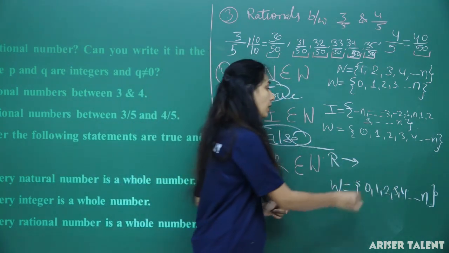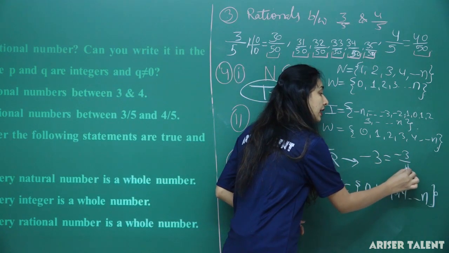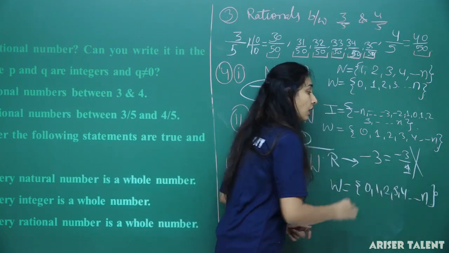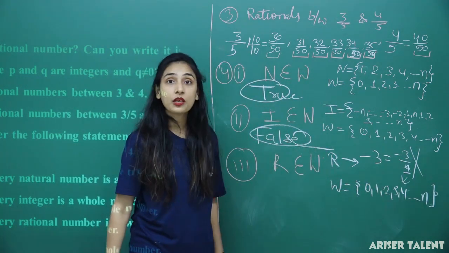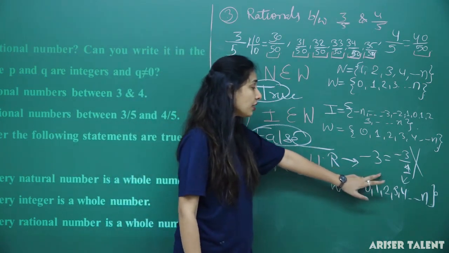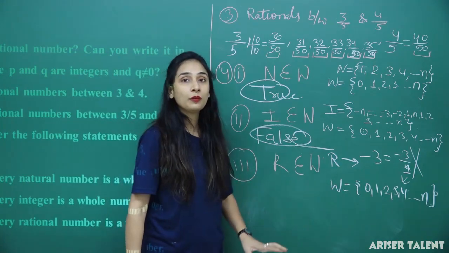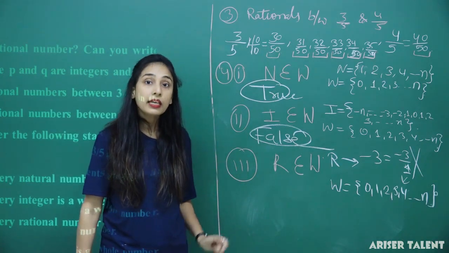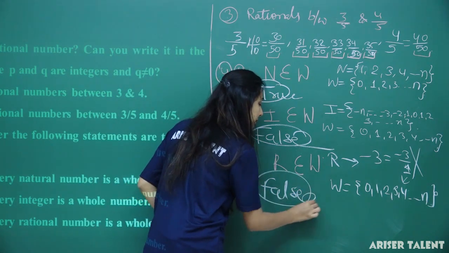But minus 3, which can be written as minus 3 by 1, is not a whole number, but it is a rational number. That means every rational number is not necessarily a whole number. It may or may not be a whole number. That means this is again a false statement.